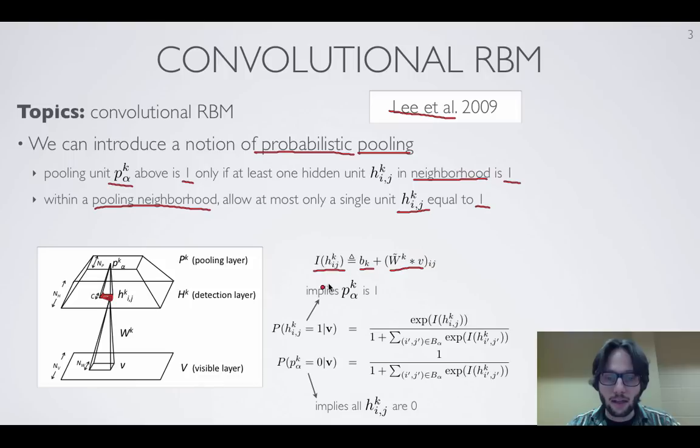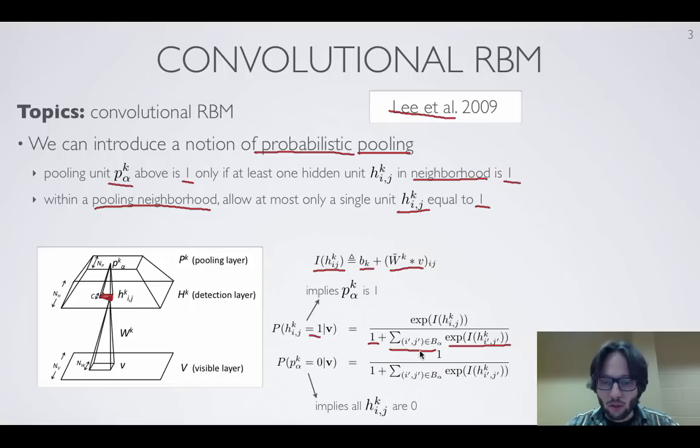So with this I notation here, the probability of a hidden unit being equal to 1 is going to be the exponential of the pre-activation divided by 1 plus the sum over all the other units in the neighborhood to which the hidden unit hkij belongs of the exponential of their pre-activation.